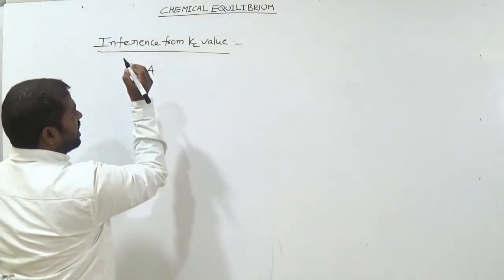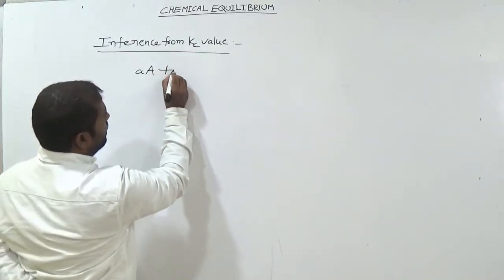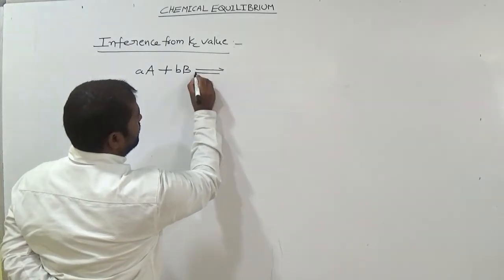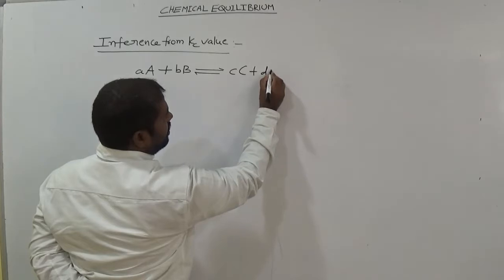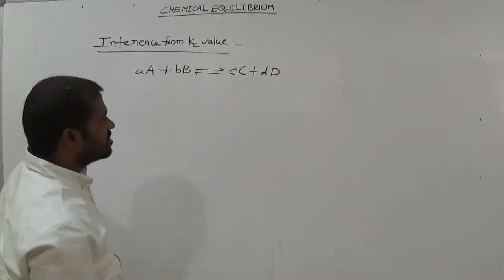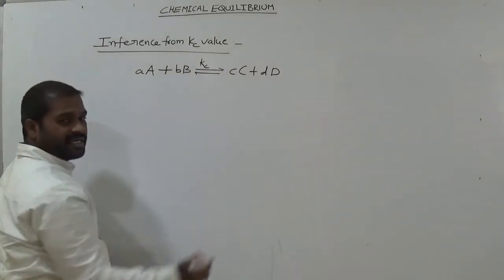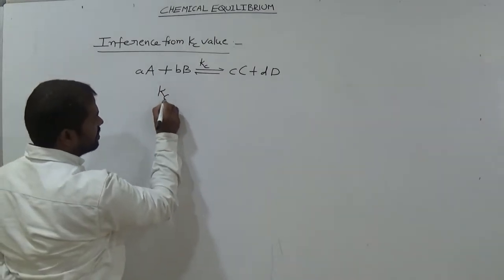Let us consider the reaction: a moles of A and b moles of B is reversible, c moles of C and d moles of D. It is a reversible reaction where the equilibrium constant is Kc. Am I right? So now what is the expression for Kc here?